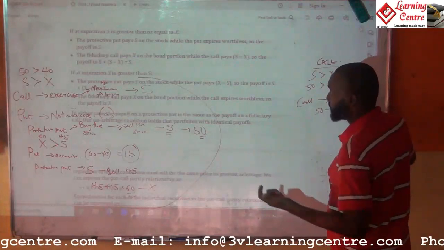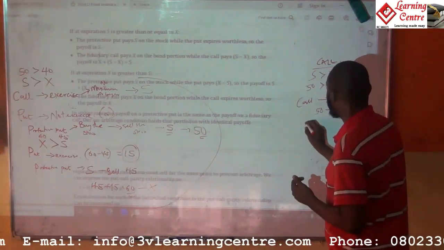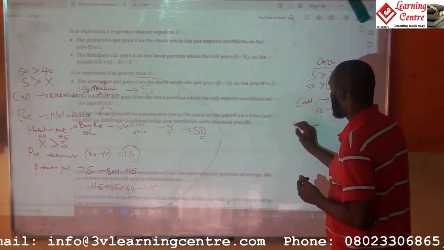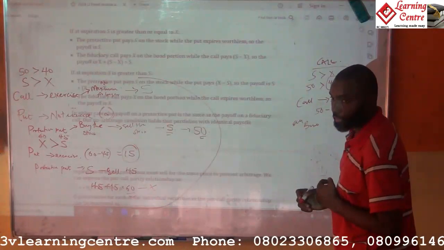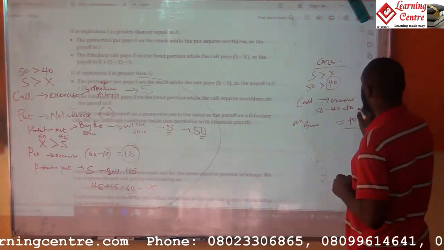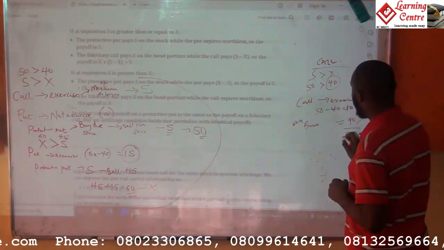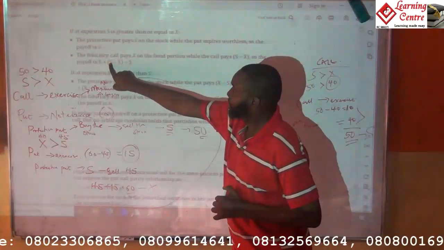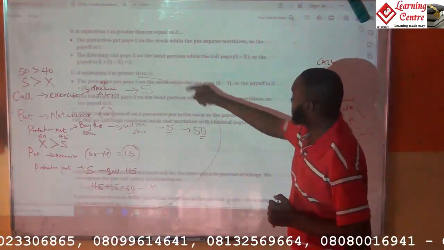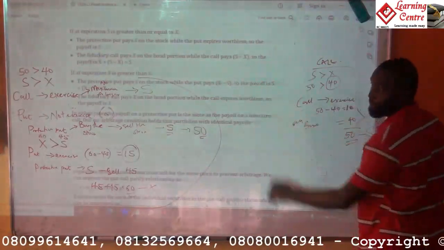I bought a bond based on this price, the exercise price, right? So I will sell my bond at 40, right? 40 plus 10 is what? 50. So I'm back to S. That's what this is saying. The fiduciary call pays X on the bond, which is this 40, while the call pays the 10, which gives this 50.